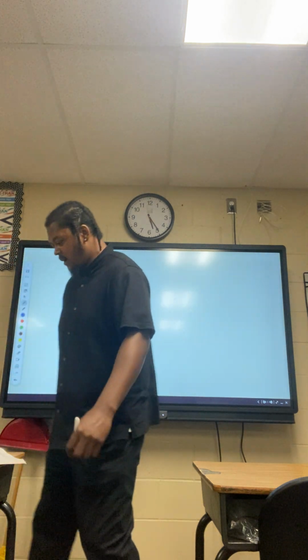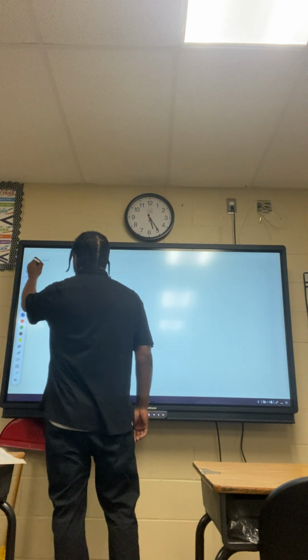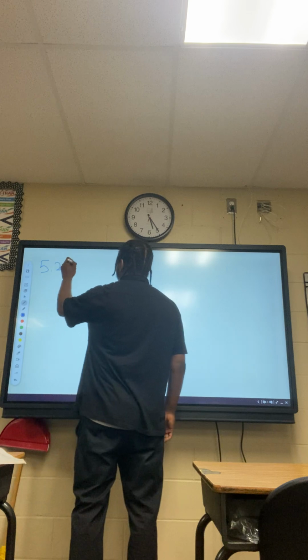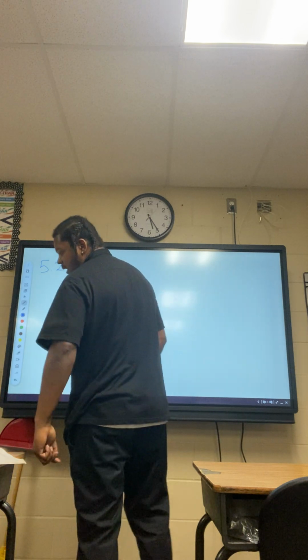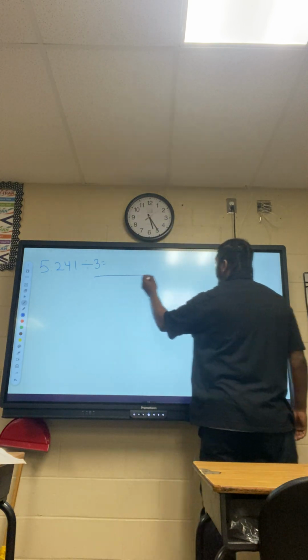Okay, so same problem, 5.241 divided by 3. So here's how we make the place value chart. Most of us already know this.